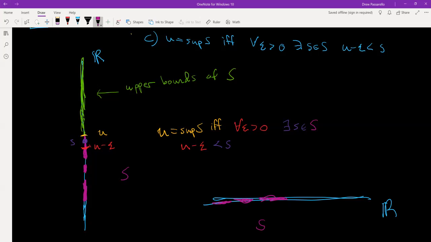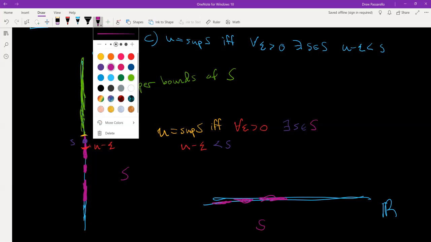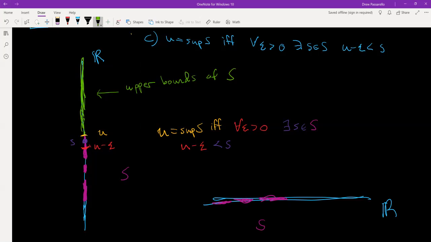Now, the supremum, and first off, all of this is the upper bounds of S. I'm drawing a similar thing, just horizontally.